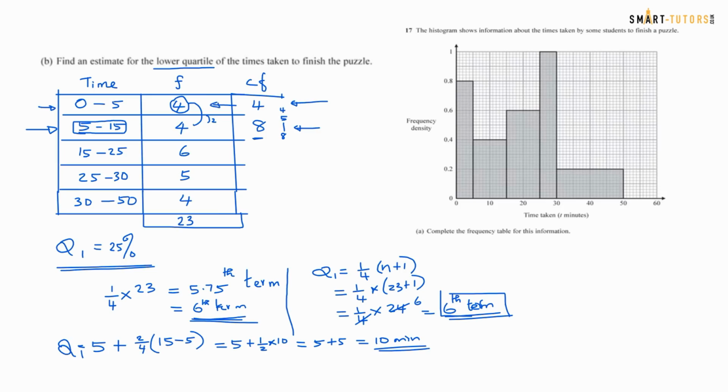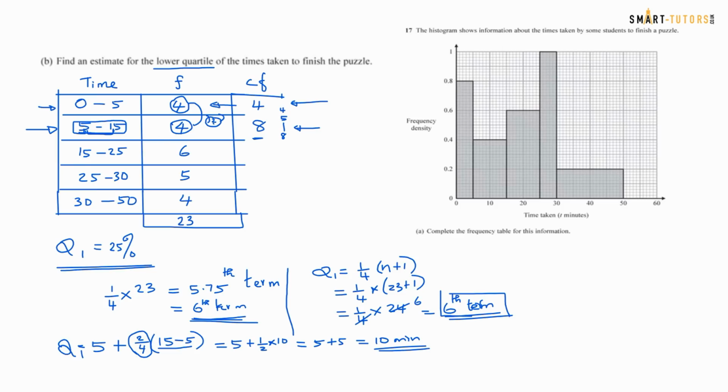So let me quickly run through this one. Once I find the 6th term, the 6th term is going to be the 4th term in the first group plus an additional 2. So out of the 4, I'm searching for the second number, so 2 out of 4 is the fraction for this one. The way to do it: between the spread, 15 take away 5 is the spread.